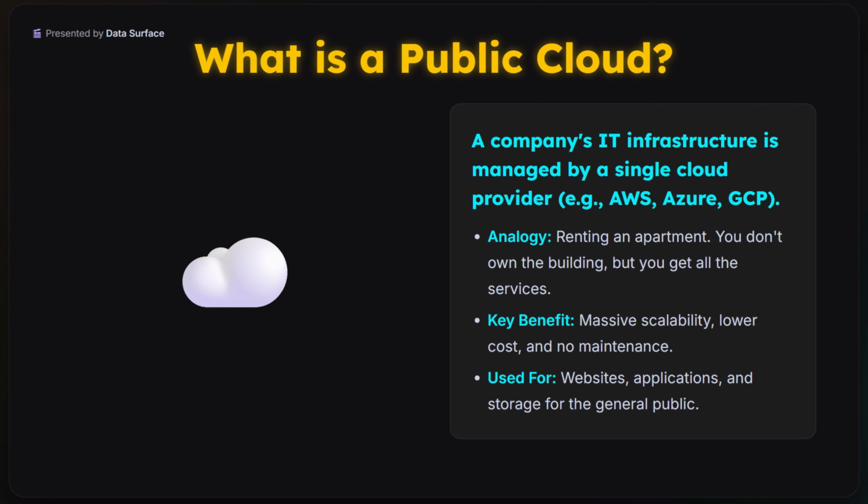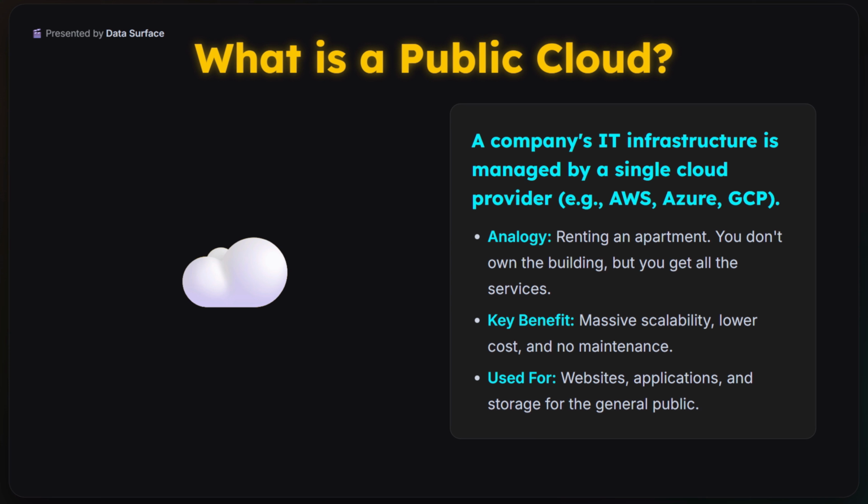First up, the one most people use, the public cloud. The analogy for this is exactly like renting an apartment. Think about it. You don't own the building, you just pay your rent and you get to use the apartment, the power and the water.